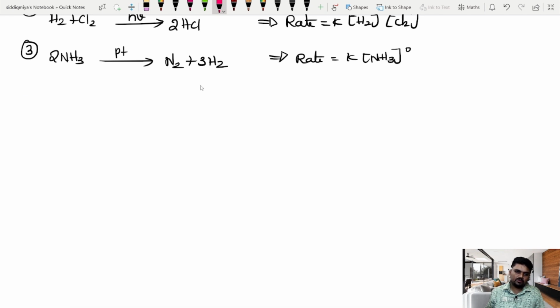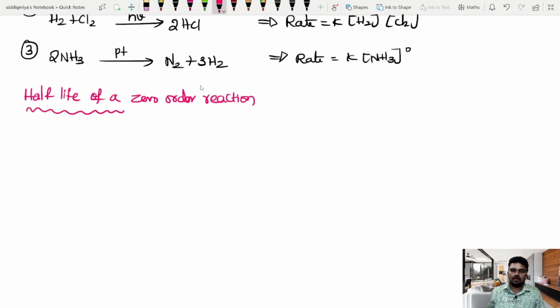Half life of a zero order reaction. Here, how to define half life of a zero order reaction?